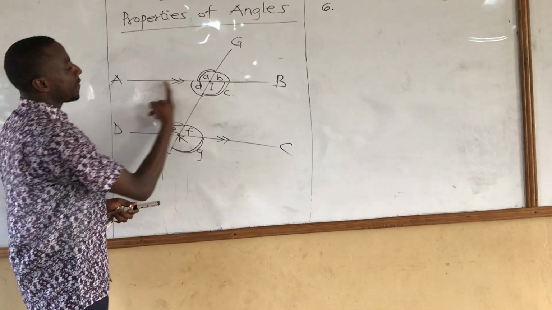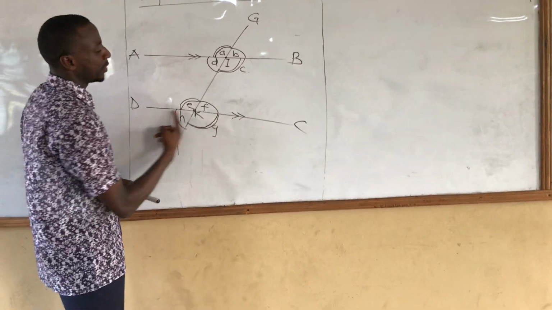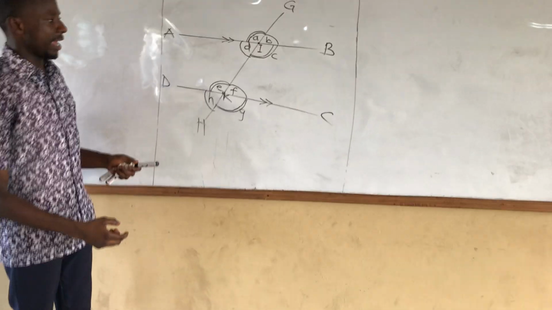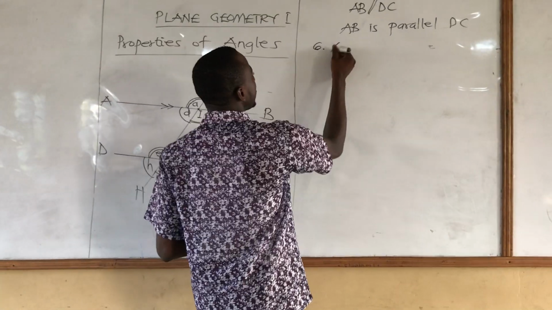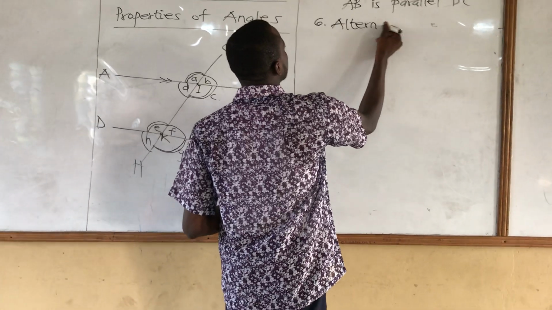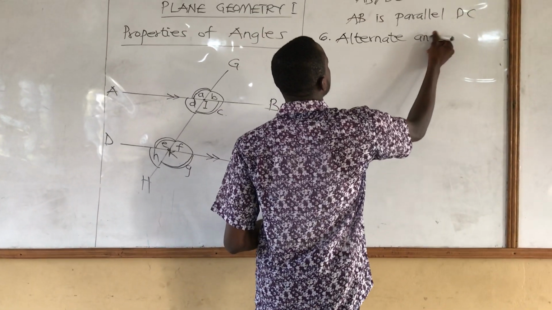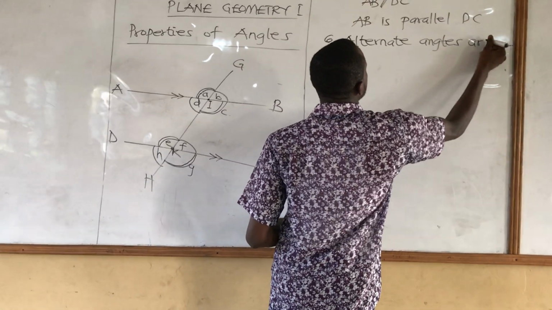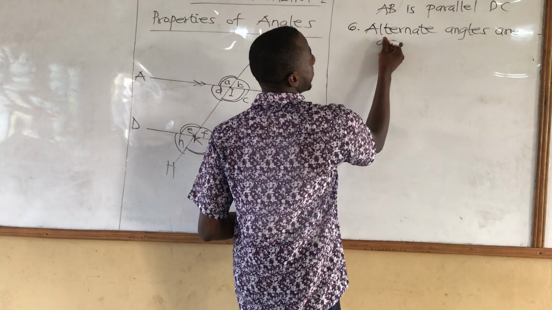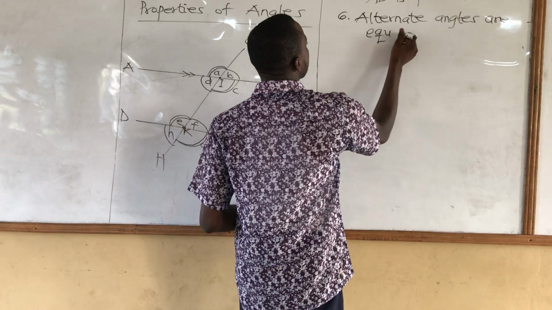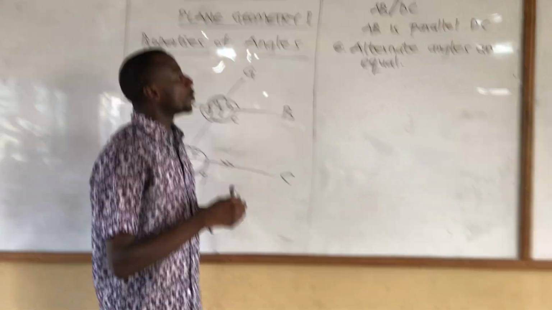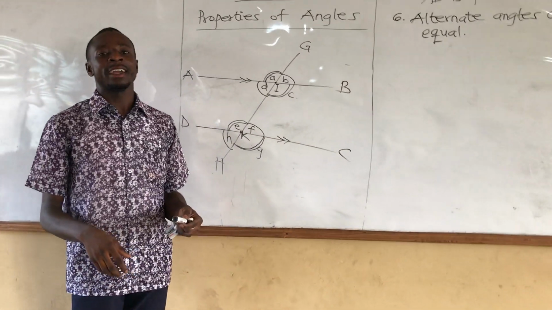Now, we still have line AB being parallel to line DC. And the next one is alternate angles. Alternate angles are equal.